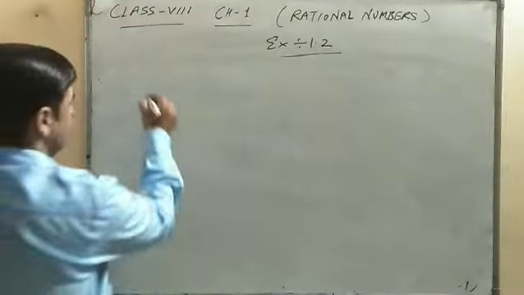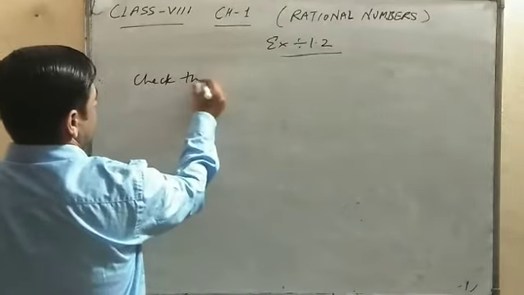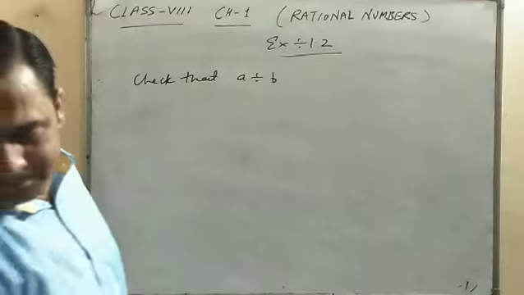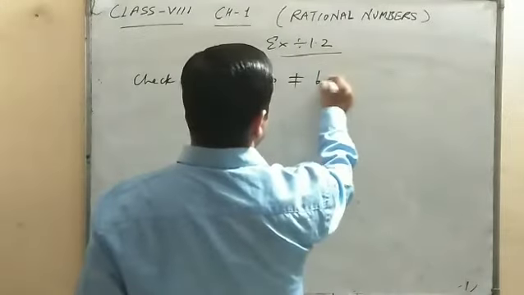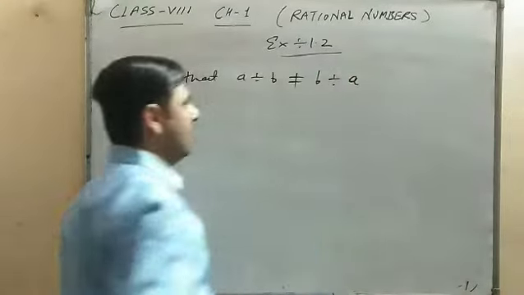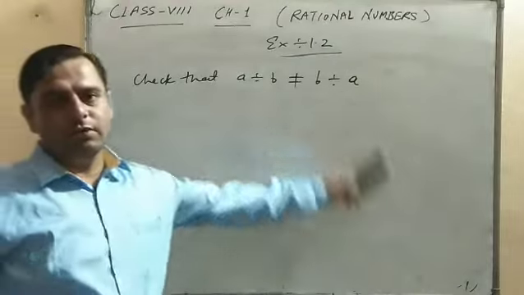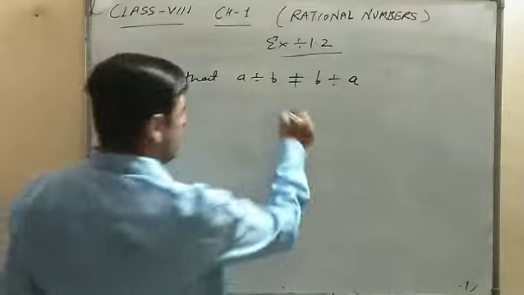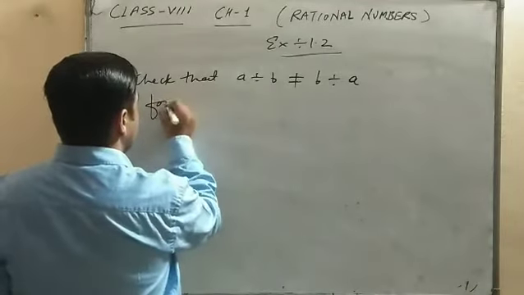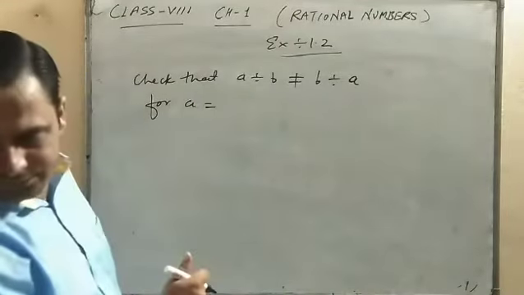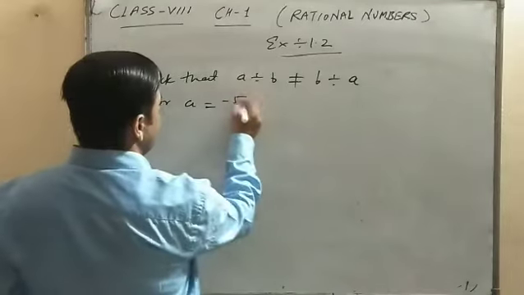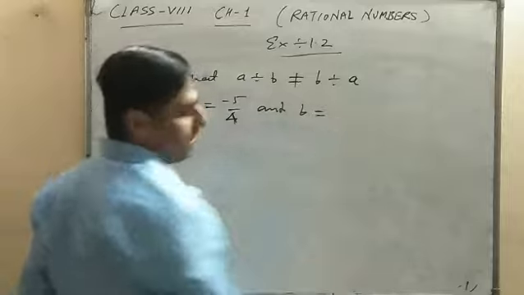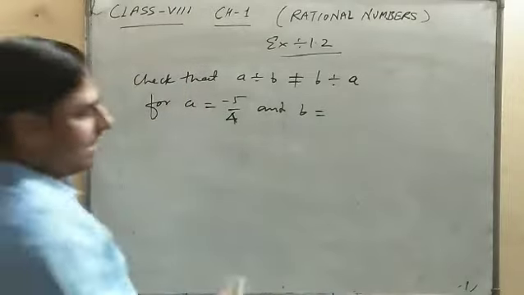Check that A upon B is not equal to B upon A. It means A divided by B is not equal to B divided by A, for A equal to minus 5 by 4 and B equal to minus 3 by 4.